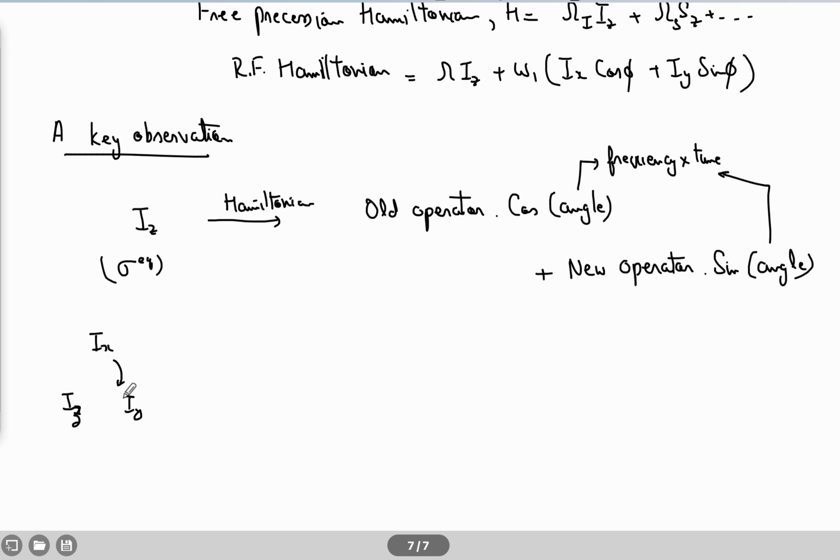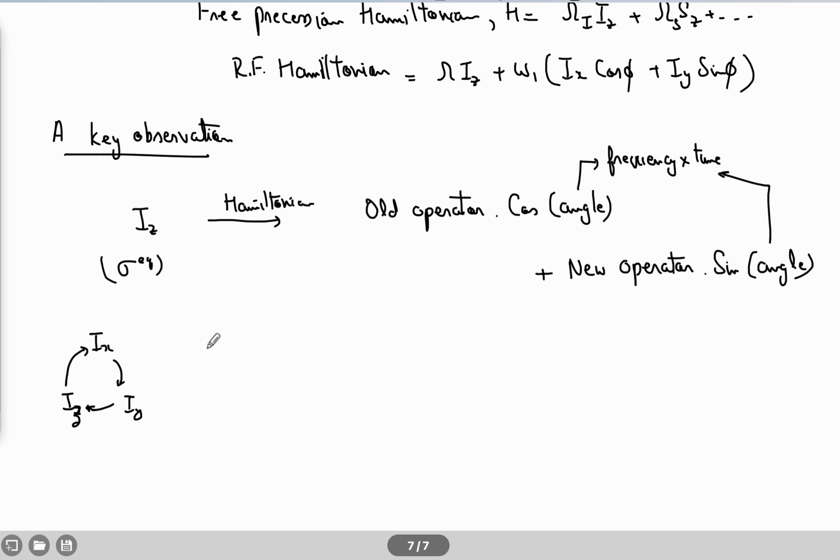Ix operating on Iy will give you Iz, Iy operating on Iz will give you Ix, Iz operating on Ix will give you Iy. If you do it in the reverse cyclic manner, then you will get a negative sign and nothing else. So Iz operating on Iy will give you minus Ix.